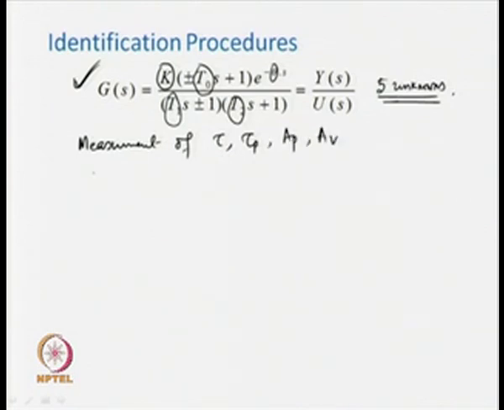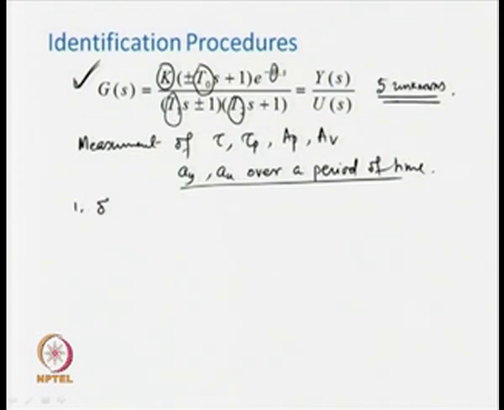Next, we can also take measurement of the area of the output signal and area of the input signal over a period of time. So, using the areas, it will be possible to obtain the steady state gain.